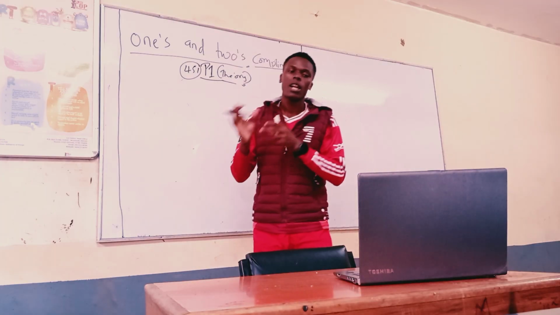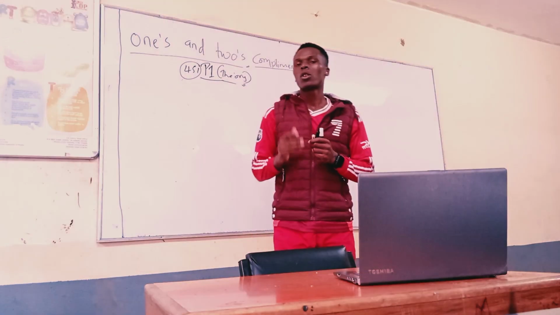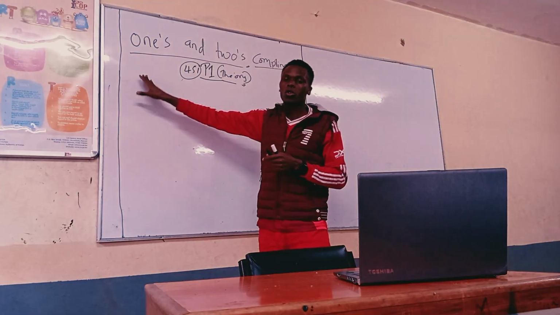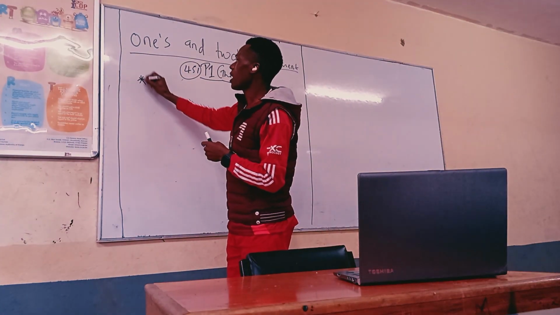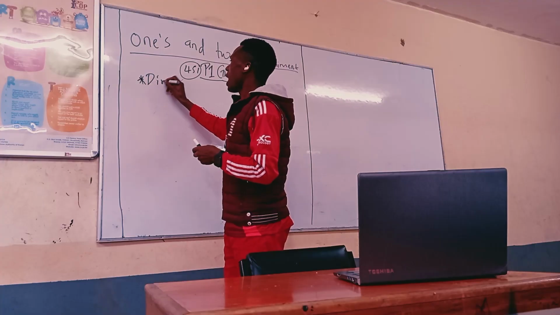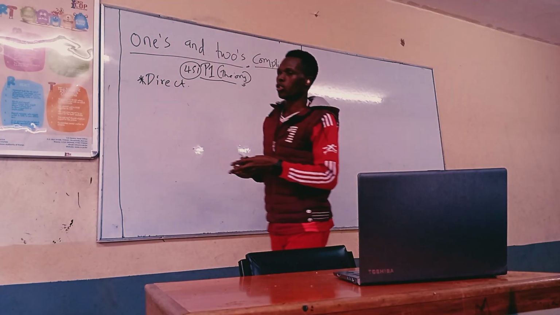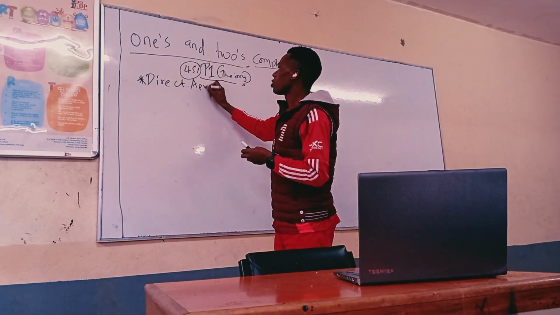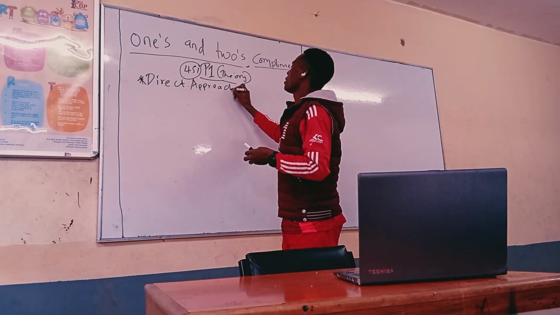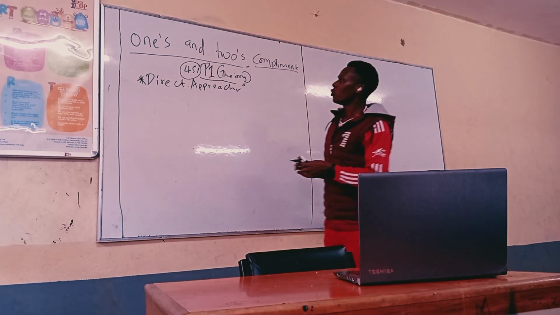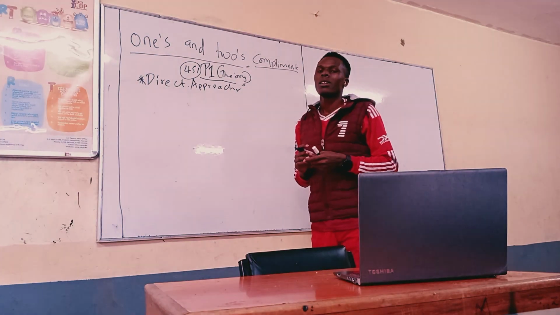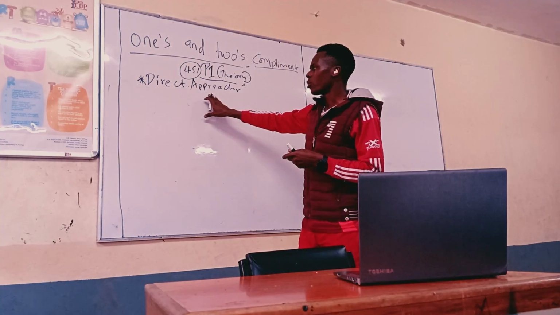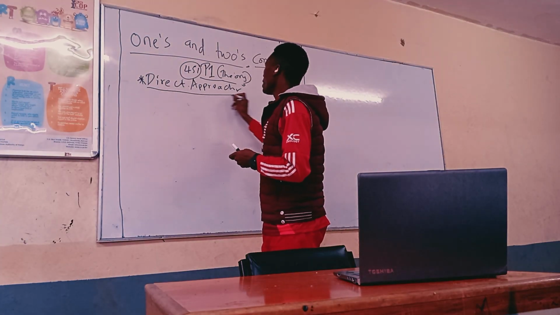When you're given a number to do a subtraction, you will either be told to use one's complement or two's complement, and there's also a third approach, the direct approach. Of the three, the direct approach is simple, because it does the calculation directly.